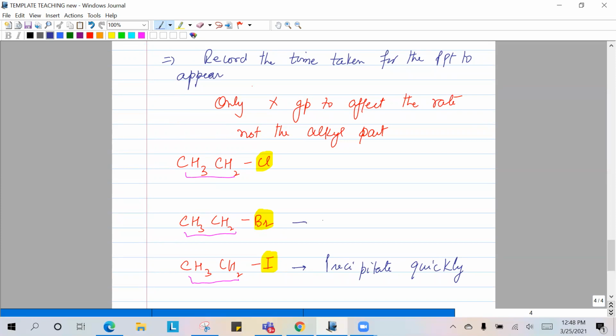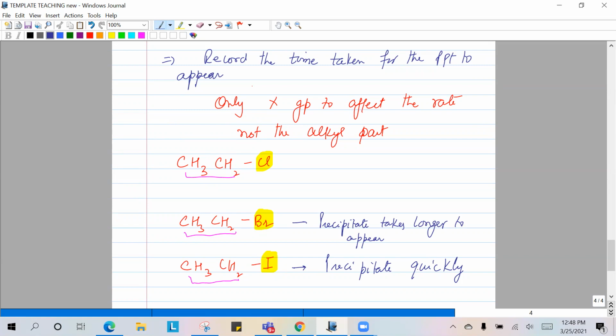This one takes longer to appear. So remember, this is relative. You are not looking at exact timings, you are just comparing which is more, which is less, nothing else.